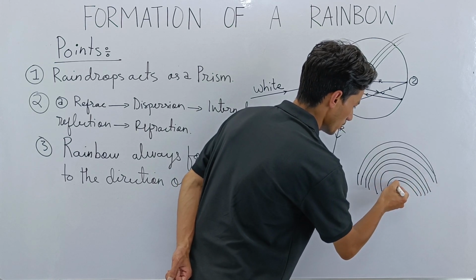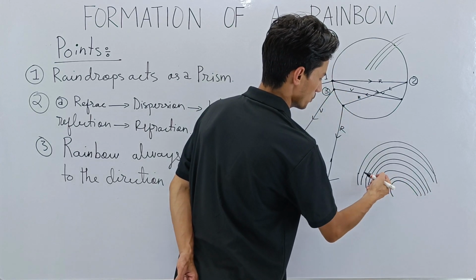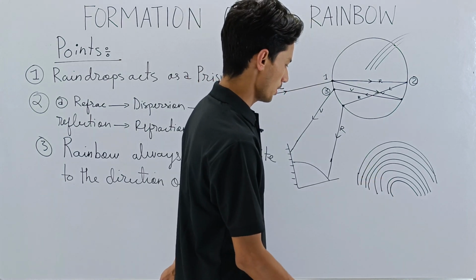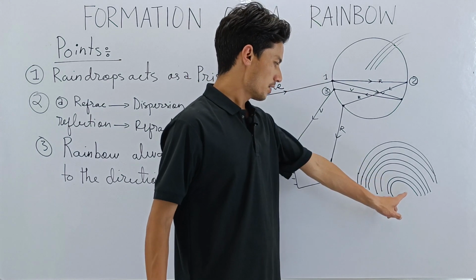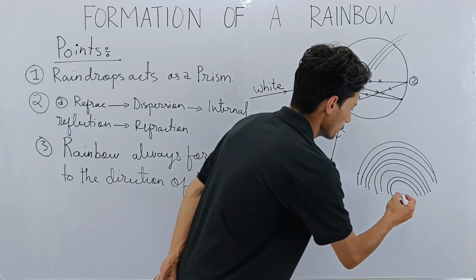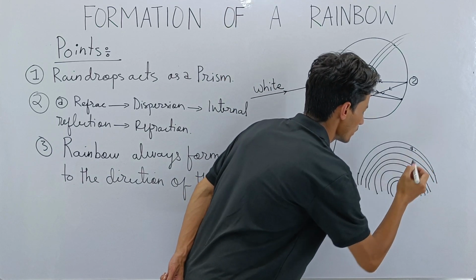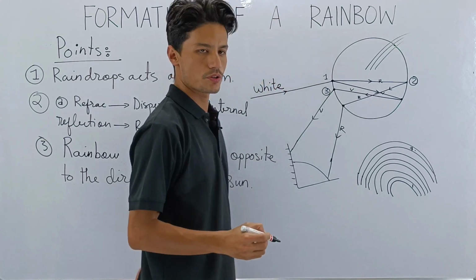I'll draw one more. So all the 7 colors are here, 1 2 3 4 5 6 7. VIBGYOR. Now tell me which color will be at position 1 and which color will be at position 7. So this is your question.